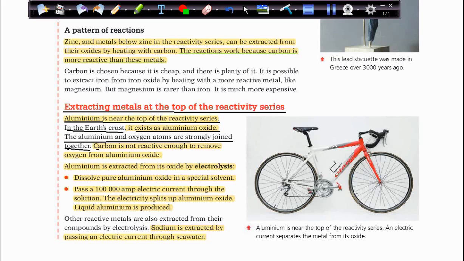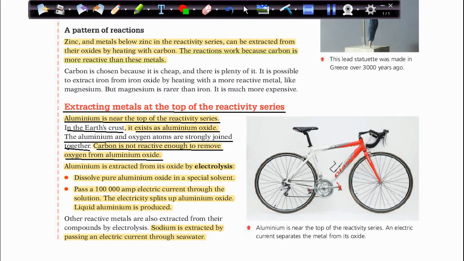So carbon doesn't work here to extract it. We cannot use carbon because carbon, as we said earlier, comes below, so it is less reactive. Carbon is not reactive enough to remove oxygen from aluminum oxide. So we have another process.